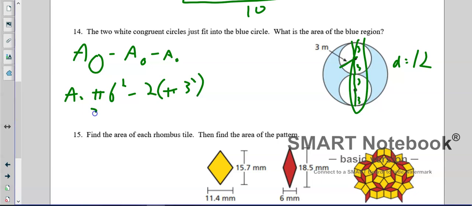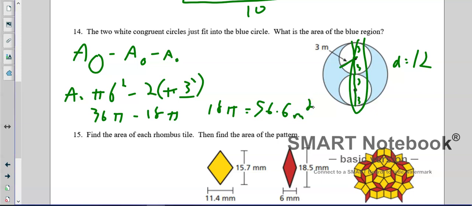Well, what that gives us is 36 pi minus 3 squared is 9 times 2 is 18 pi, which is 18 pi. And that's a perfectly acceptable answer. Or you can multiply it out and get 56.6, 55, whatever, okay, meters squared. So a couple of different ways to go about that. Okay? Almost there.